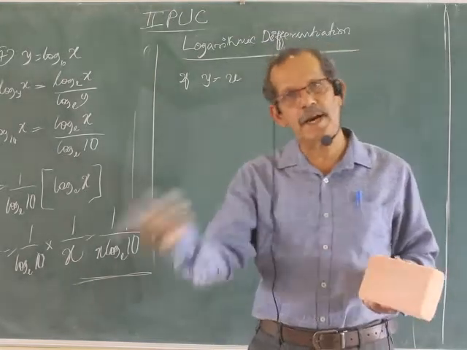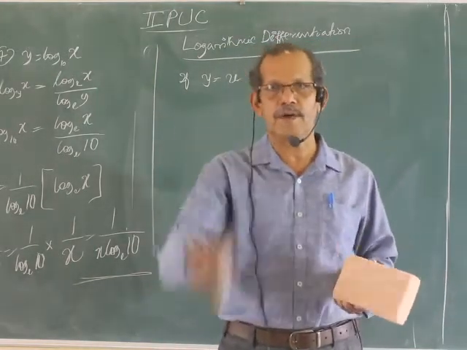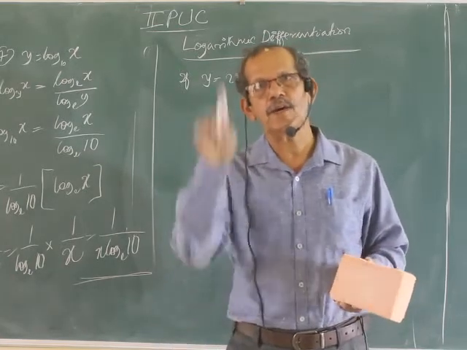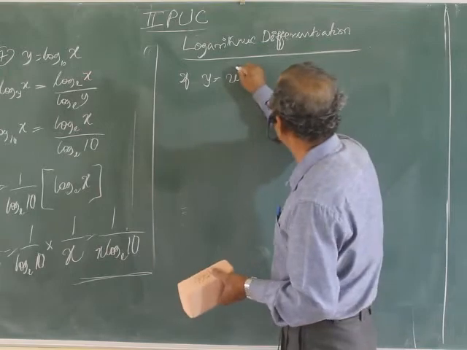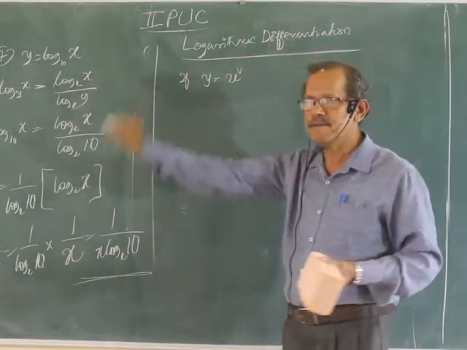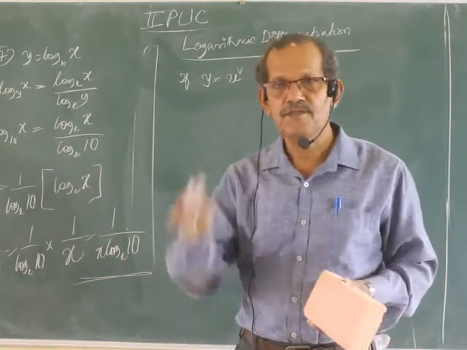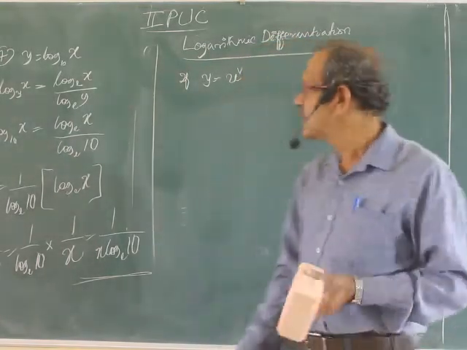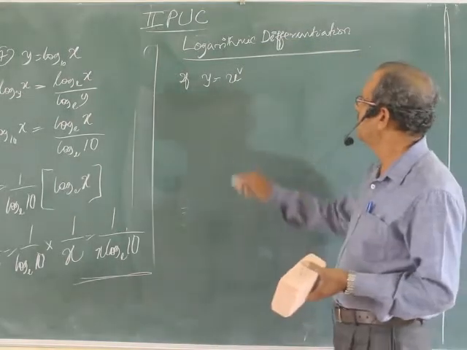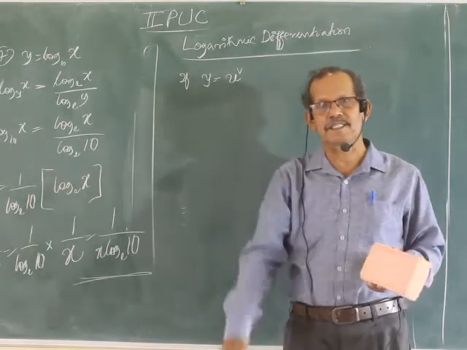If it is u minus v, then also you know the method. u into v, product formula. u by v, quotient formula. Now this one you see carefully: u to the power v, where both u and v are functions. Function to the power function. Observe the thing carefully. Both are functions, one function whole to the power another function.